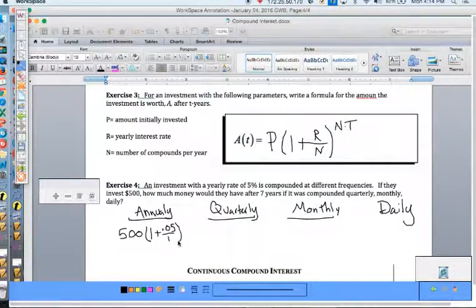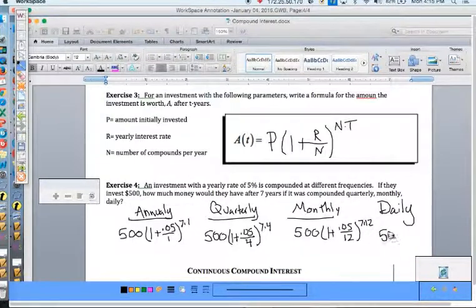Annually would be just 1, so 7 times 1. It's only checked 7 times. This one, 1 plus 0.05 quarterly, so divided by 4, 7 times 4. 500, 1 plus 0.05 divided by 12, 7 times 12. And daily, 1 plus 0.05 divided by 365, 7 times 365.